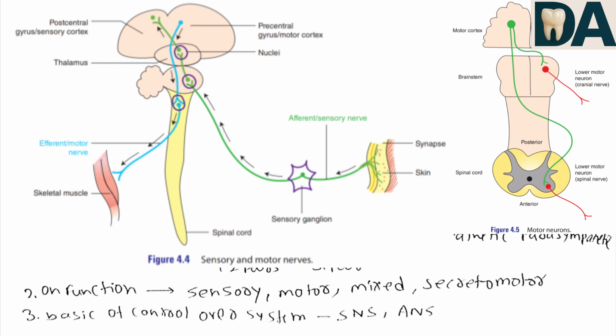Upper motor neuron refers to a nerve cell that connects the brain to the spinal cord, and the cell body of the upper motor neuron is located in the motor area of the cerebral cortex, and its processes connect with the lower motor neuron.